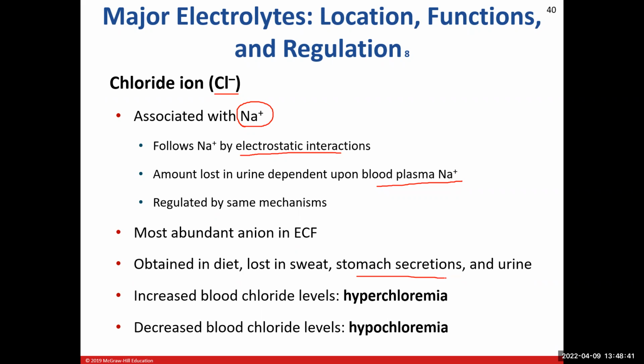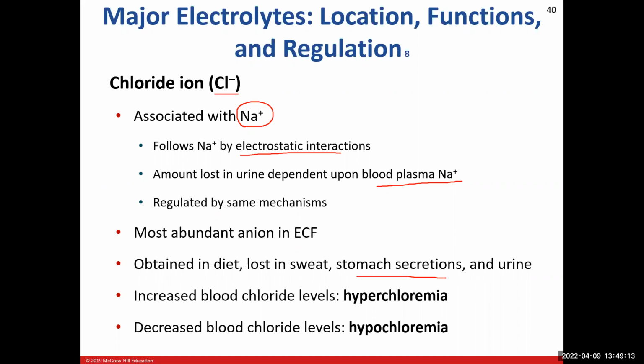But if you've ever noticed, on a day that you have been exercising quite strenuously outside or inside, and you start to sweat a lot, sweat is salty. That is because it contains both sodium and chloride. So we will get a majority of our chloride through our diet. There's folks that like to put salt on everything. So if you're putting salt on your food, you're definitely going to get a pretty decent amount of chloride in your diet.